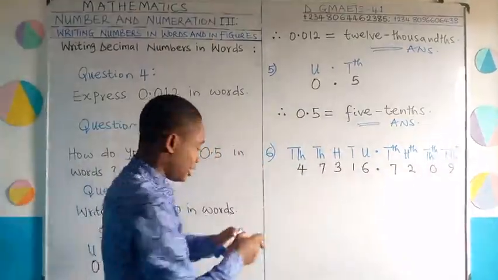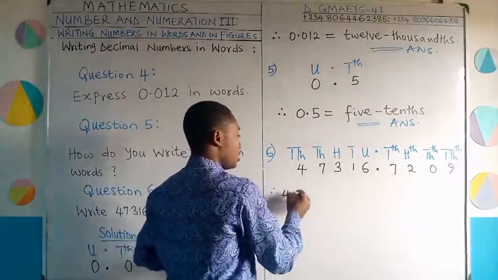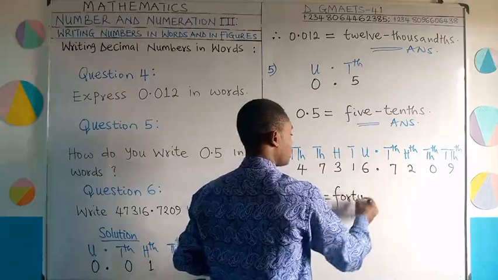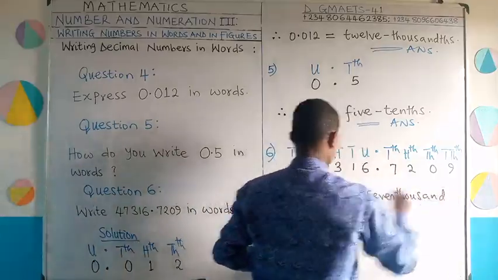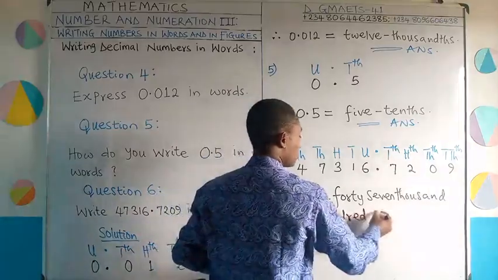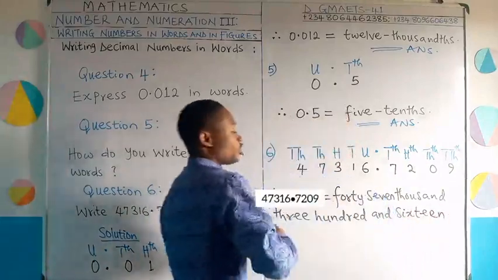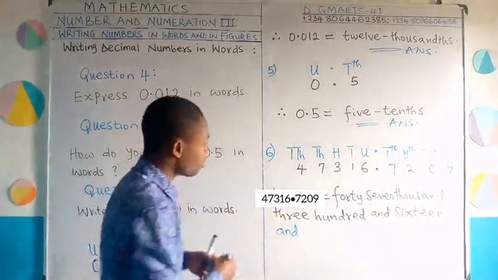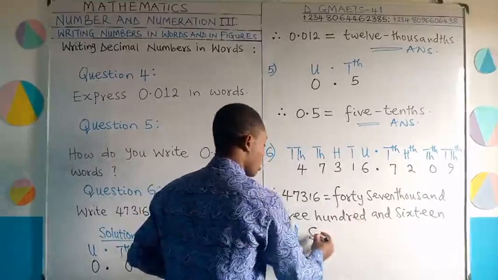you join both of them using AND. So let us go. 47,316. Therefore, 47316 equals 47,316. Then, to write the decimal part, I am going to introduce the conjunction, and. I'm going to introduce and then I will write this decimal part, 7,209.